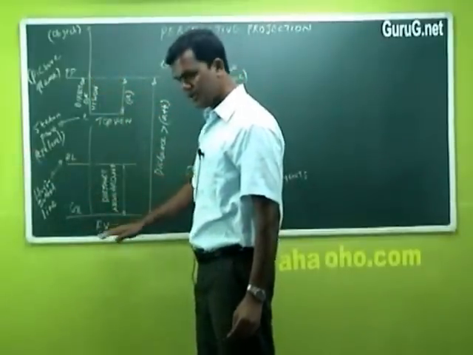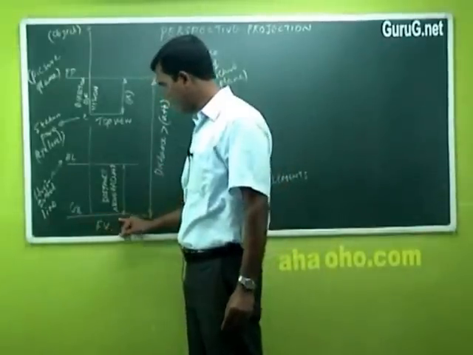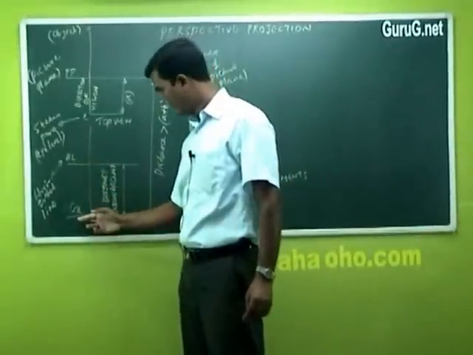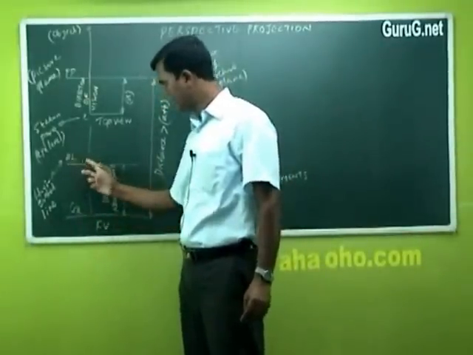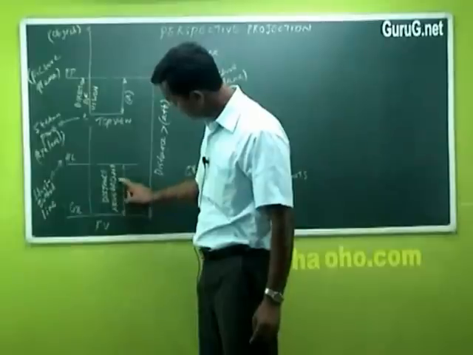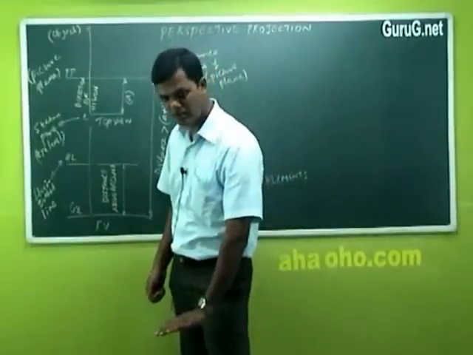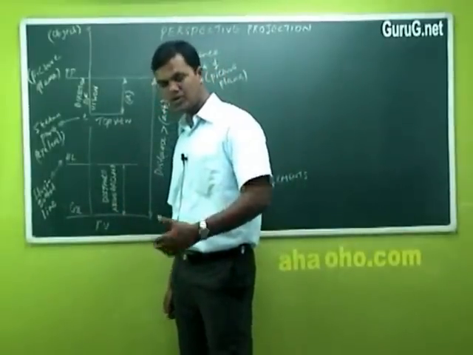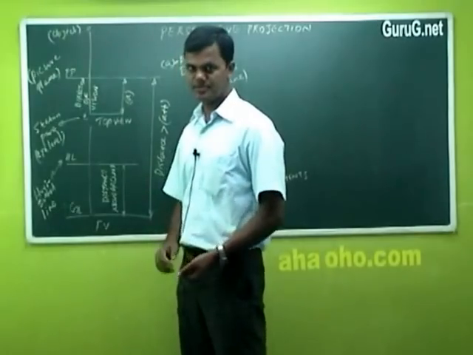Below that you have the ground. The ground line and horizontal line are at the ground level. Both will join. That becomes the distance above the ground: at what distance the particular object's bottom is placed from the ground.